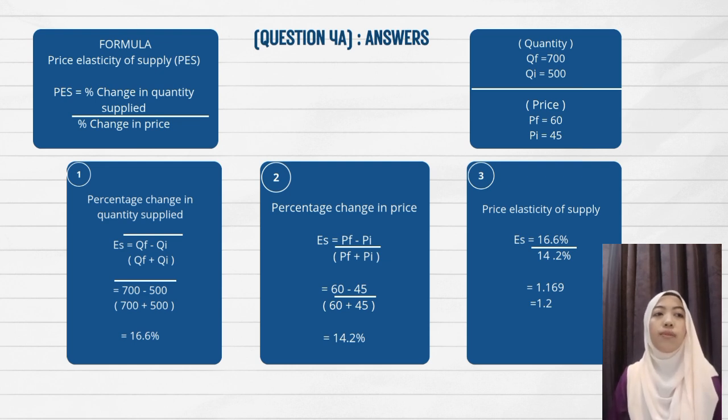The price rose from 45 to 60, which results in a 14.2% increase. Finally, we divide the two percentages, 16.6% divided by 14.2%, and we get 1.2 for price elasticity of supply.